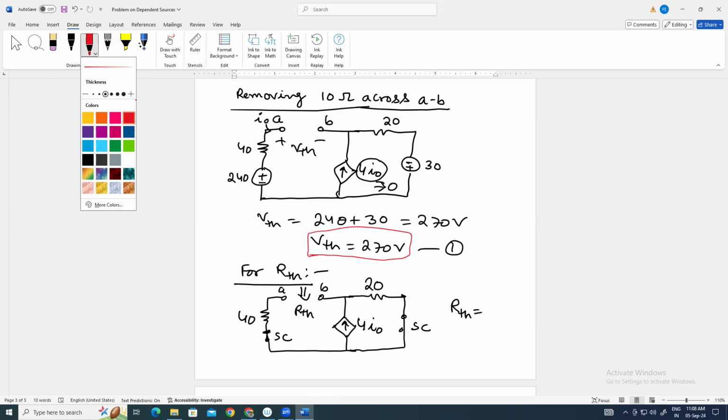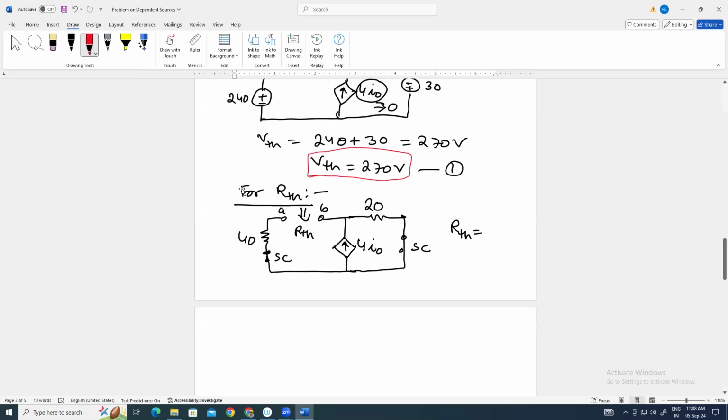Now for RTH, I told you that for RTH we have two methods.